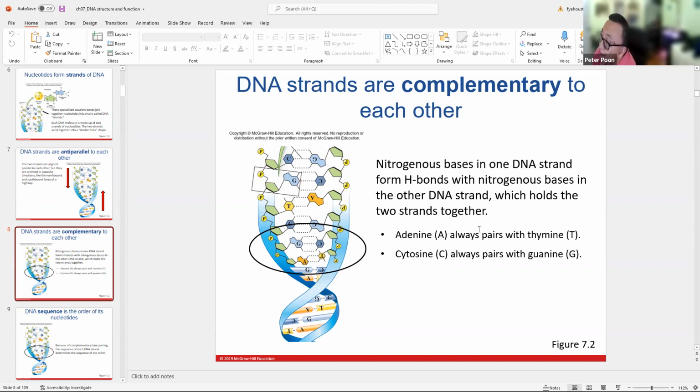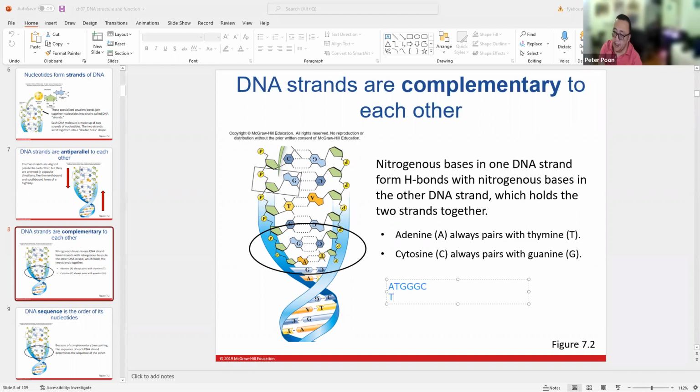Therefore, if you know one side, you automatically know the other side. Let's do an example. If my sequence is AGC, then I know the other side.